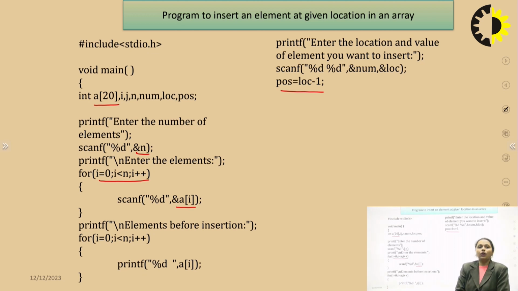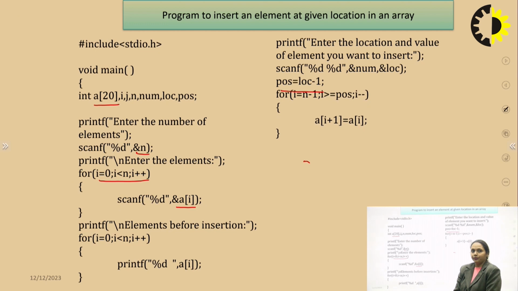So when I am talking about the second position, the array will store that element at A[1], because the index value starts from 0. That is why we have written position is equal to location minus 1. Location is the variable, or the position, which is being entered by the user. So now position is nothing but the index value which is being represented by the array.